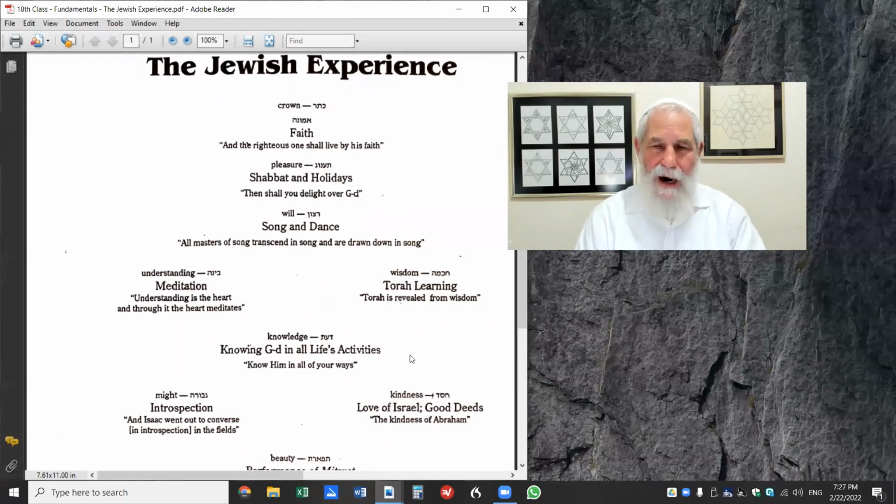Whether we're working in the garden, washing the dishes, going for a walk, teaching our children, making something, cooking, whatever it is, all of life's activities is an opportunity to connect to God, to connect to the soul. This is one of the primary teachings of the Baal Shem Tov. B'chol derachecha da'ehu. In all of your doings, all of your ways, you can come to know God.